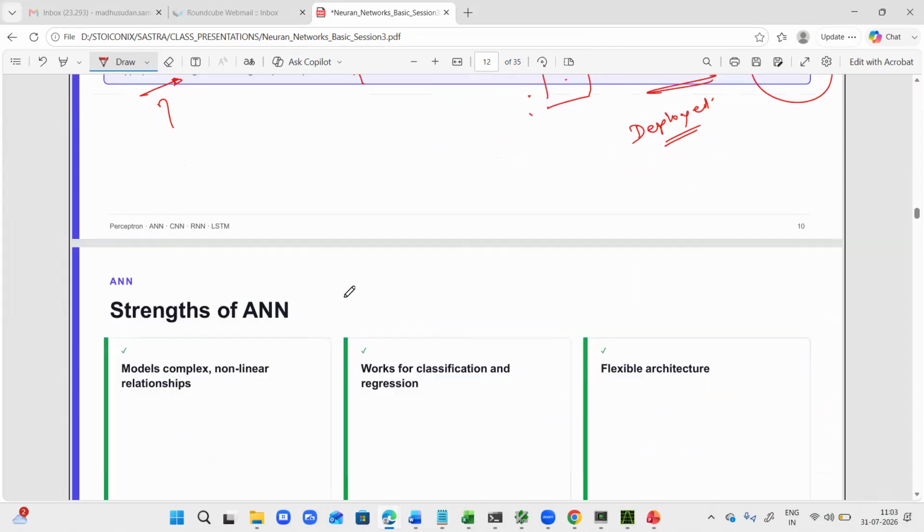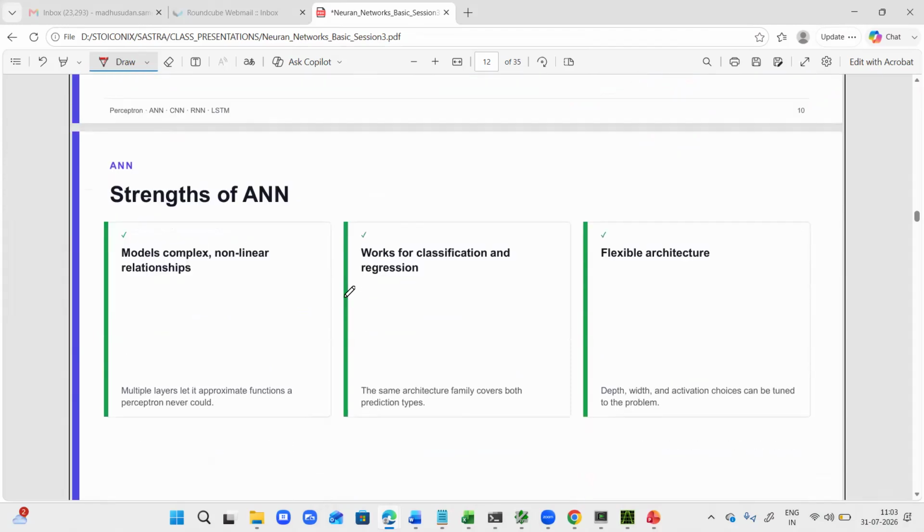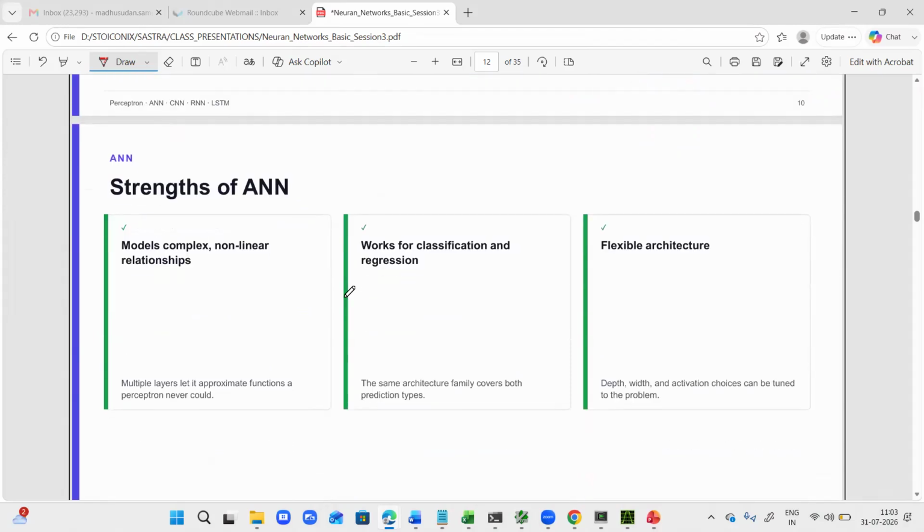Let's move ahead. So what are the strengths of ANN? Unlike Perceptron, ANN can understand the non-linear relationships that might exist in data, and it works not just for classification like Perceptron, but it can do regression also. I'll tell you with an example.